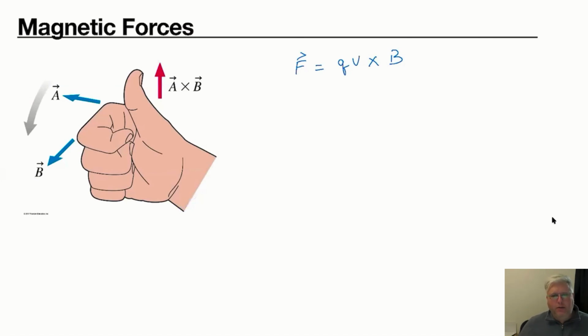But one way you could do it is you could point your fingers in the direction of the charge's velocity, V, and you turn your fingers in the direction of the magnetic field, B. You could say this is QV cross B. And then when you do this, your thumb points in the direction of the force.